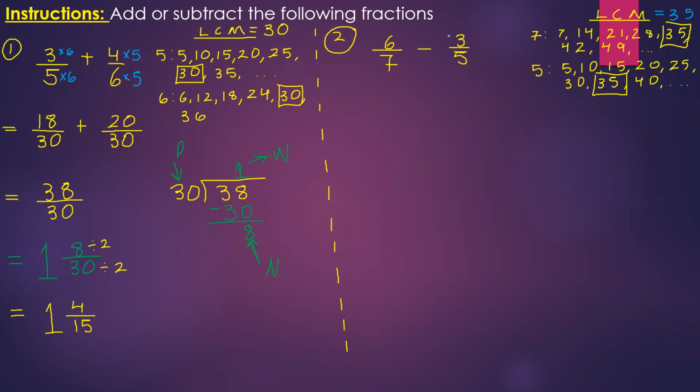All right, so after we have it like this, Darnik, what are we going to do? We're going to multiply 6 times 5. What are we going to multiply the 7 by? 5 times 7 and 3 times 7.